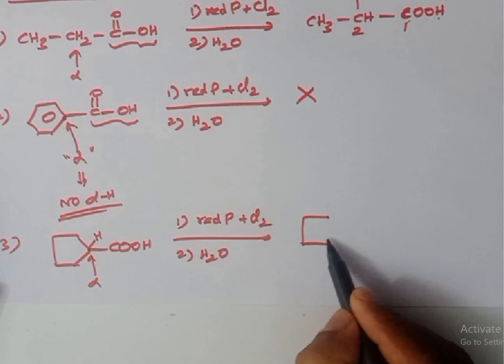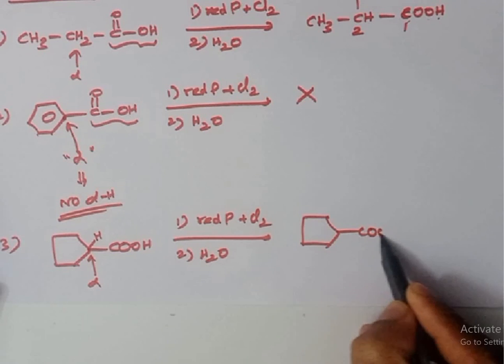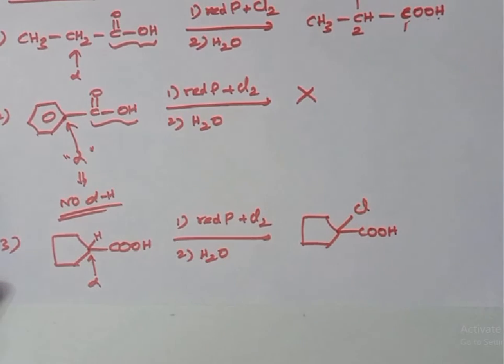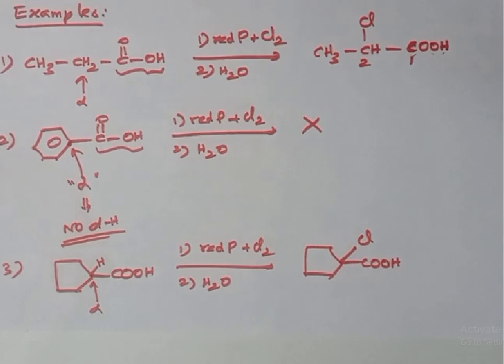The COOH remains as such, that alpha hydrogen is replaced by a halogen atom, say chlorine. Okay, take note. This is what we call the HVZ reaction, Hell-Volhard-Zelinsky reaction, which carries out alpha halogenation in carboxylic acids.